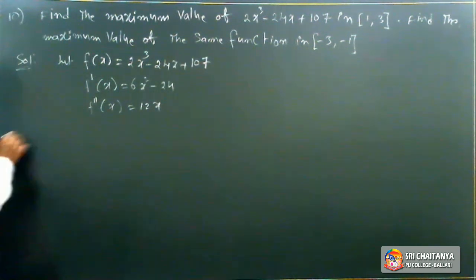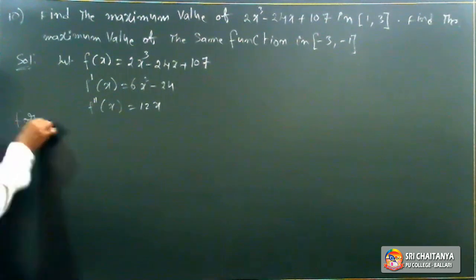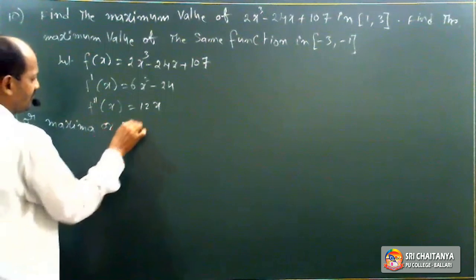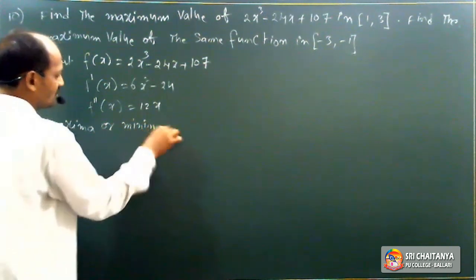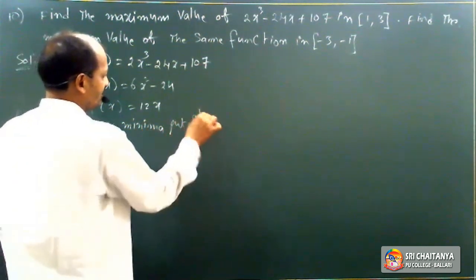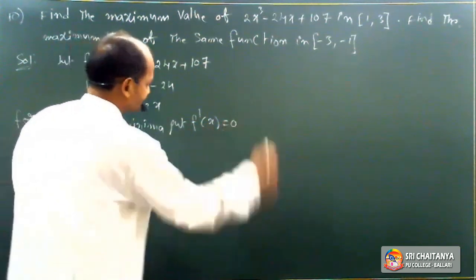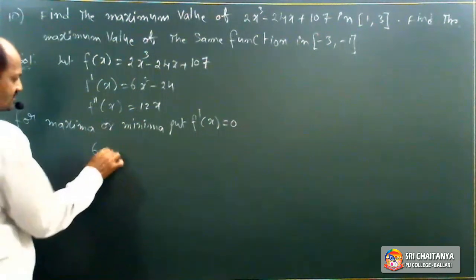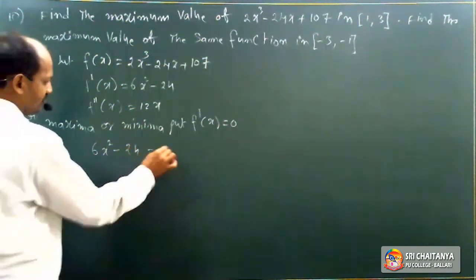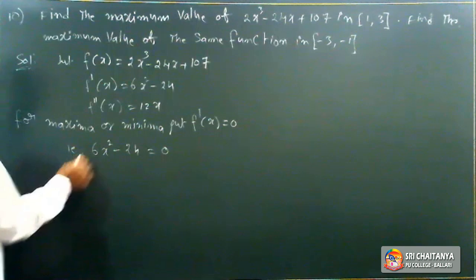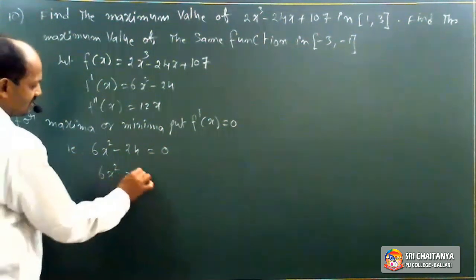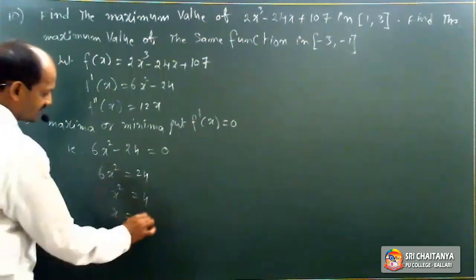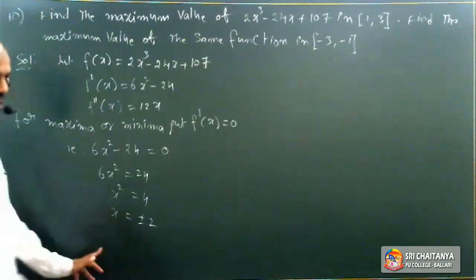Okay? For maximum or minimum, the first derivative is equal to 0. So 6x^2 - 24 = 0, that is 6x^2 = 24, x^2 = 4, x = plus or minus 2.